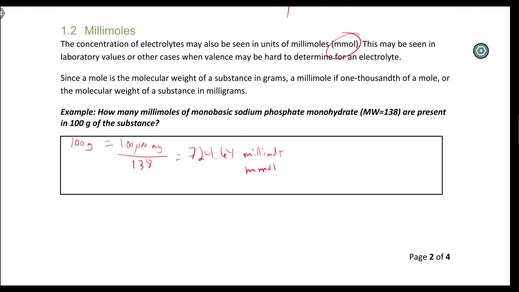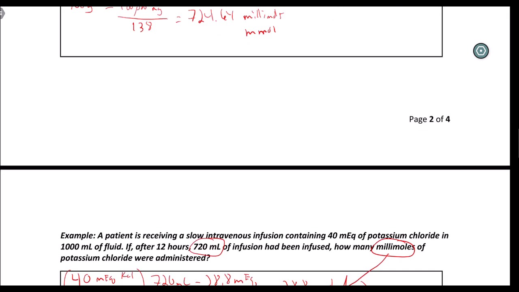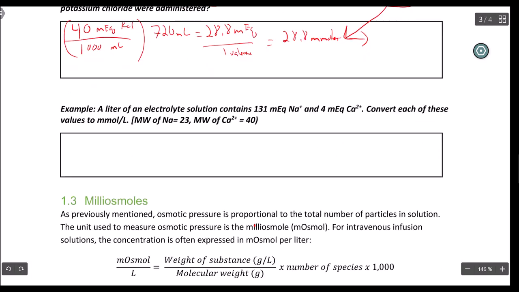The next one says a liter of electrolyte solution contains 131 MEQs of sodium and 4 MEQs of calcium ion. Convert each of these values to millimoles per liter. Millimoles per liter. All right.